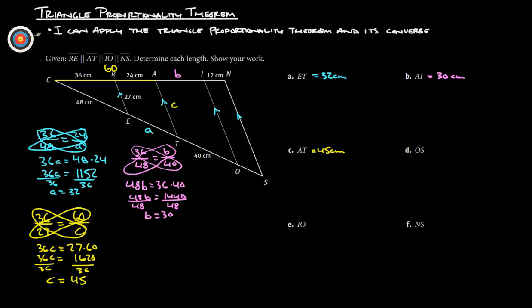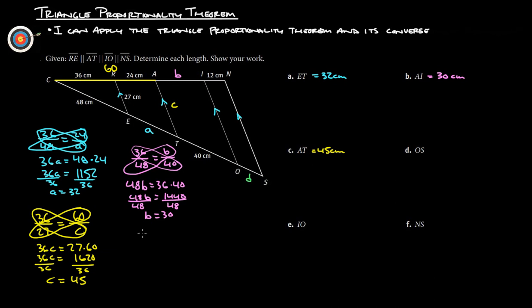Okay. All right, next one here, OS. So this here is going to be D. Okay, so this one we can go back to triangle proportionality theorem, and we're good.